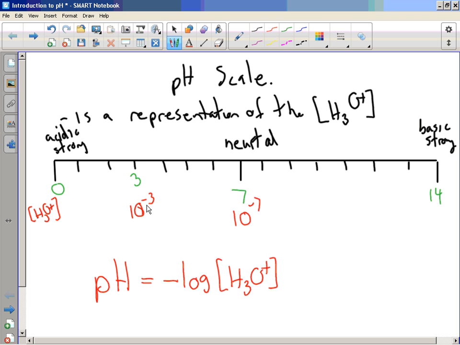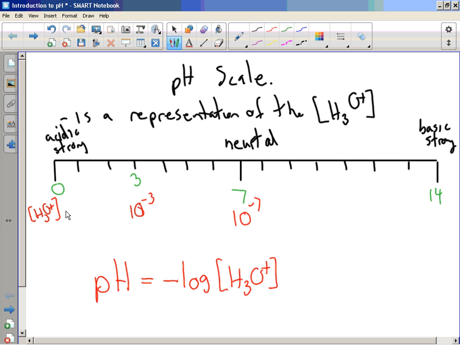gets larger. So if I move down here to 0, what's the H3O plus concentration going to be? Continue with the same logic that we just used. Yep. Excellent. Very good. It's going to be 10 to the exponent 0, right? Which is 1.